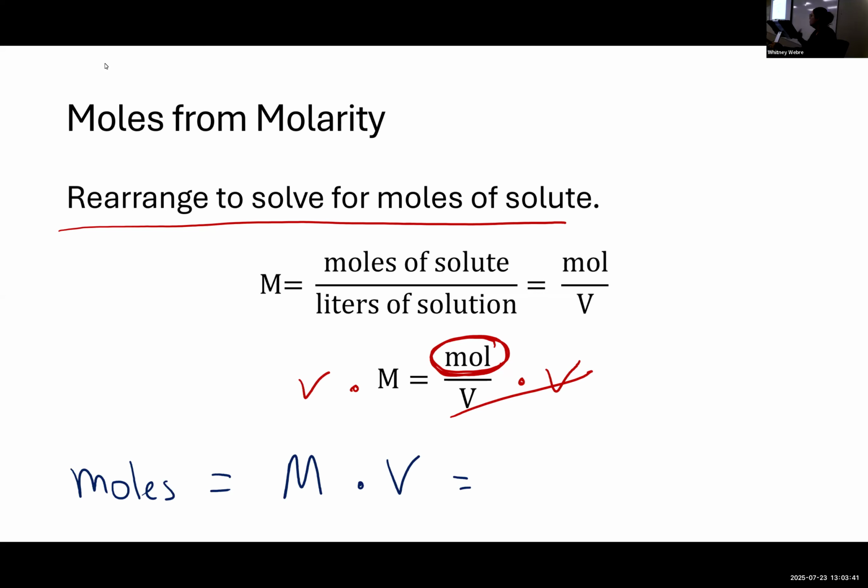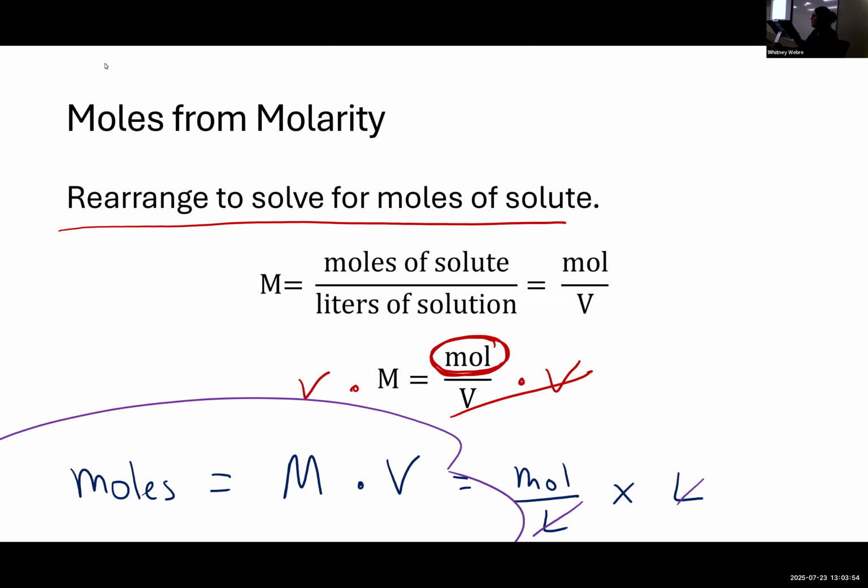If I continue using the units, that would be moles per liter times liters, so you can see it cancels out to give you moles. That's why you always want to include your units, because instead of memorizing this equation, your units will help you figure it out, but both will give you the right answer.